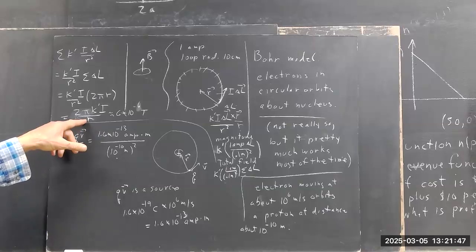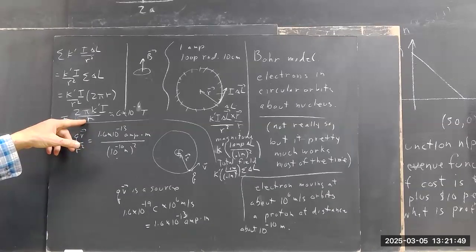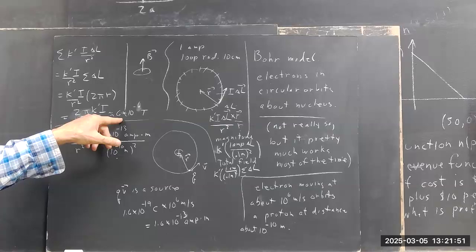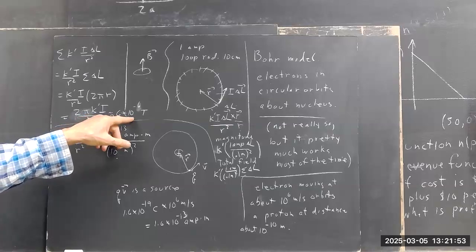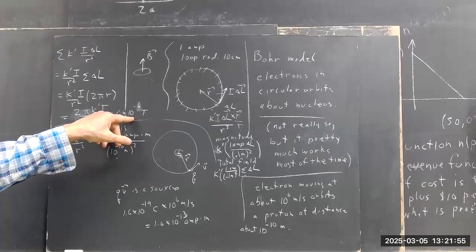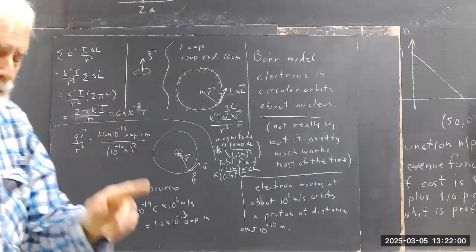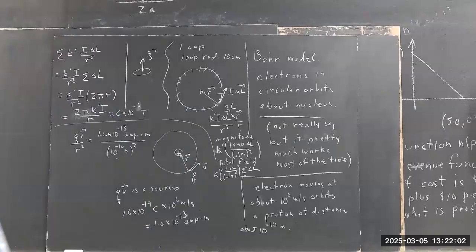So your R would be 1/5 as great, so this would be 5 times as great. This gets you up to 3 times 10 to the negative fifth Tesla. That's what you should do. Let's talk for a minute.